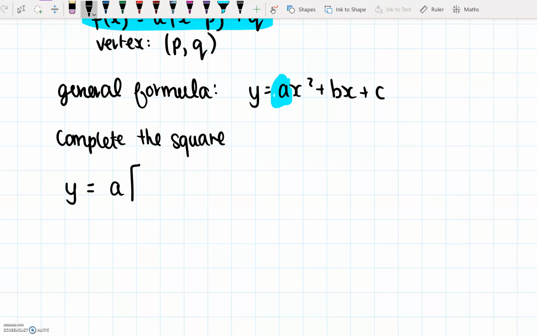So we're getting x squared plus, now our b is going to be b divided by a, so b over a x. Okay, and remember, we only took the a out of the first two terms. We don't factorize it out of the c because c is just a constant.